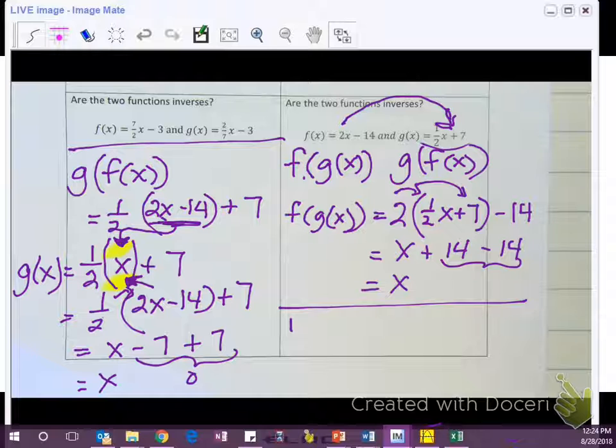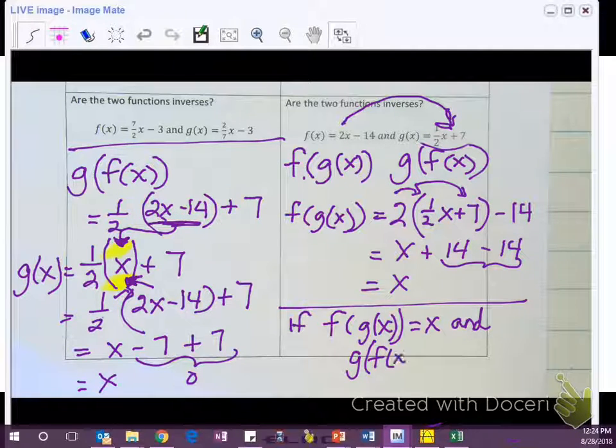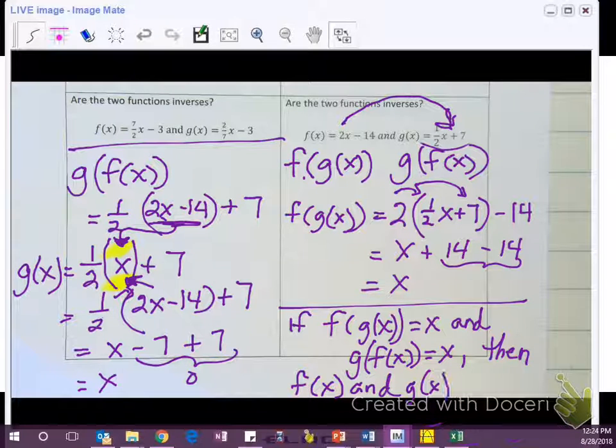The rule says if f of g of x equals x, and you have to test it both ways, g of f of x equals x, then f of x and g of x are inverses. Now, if you got this, you know how to do this, you can do this composition already.